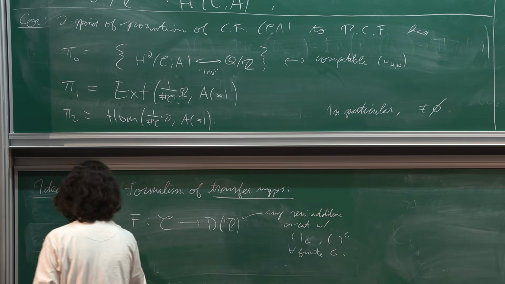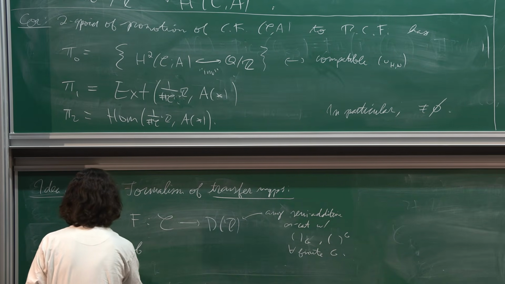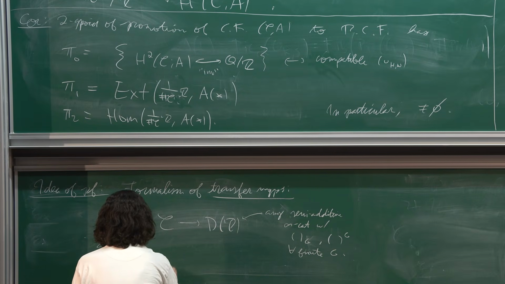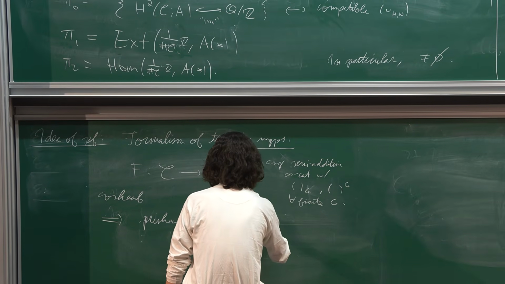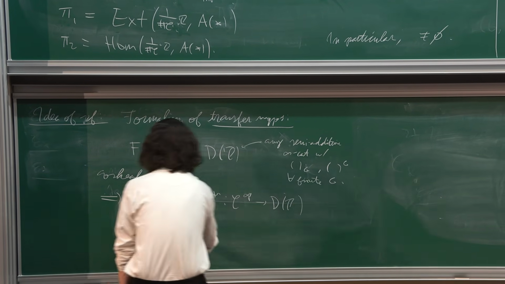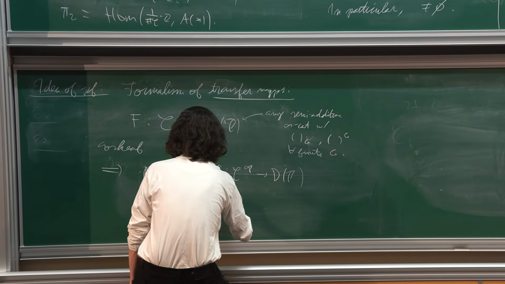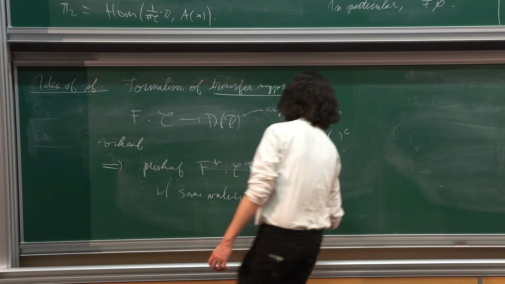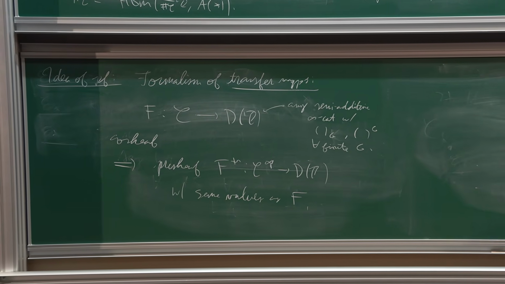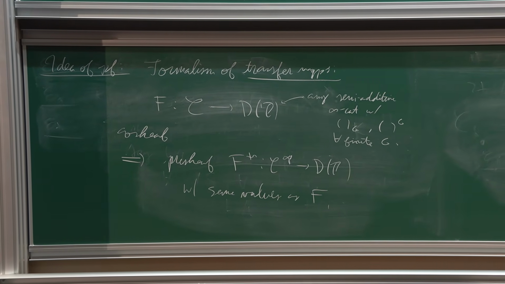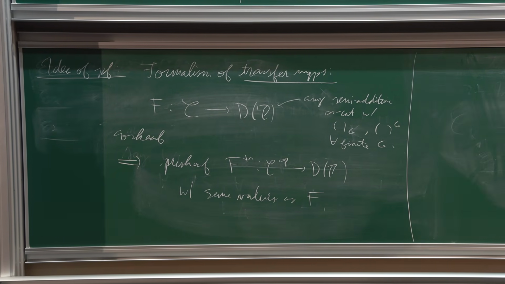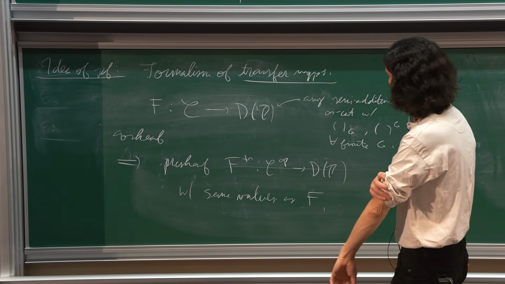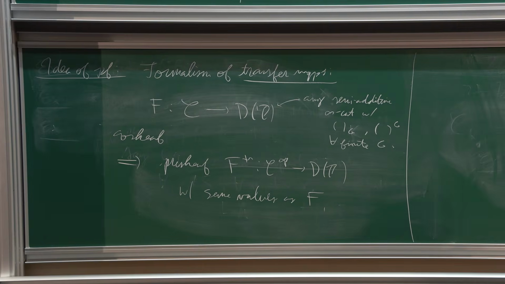If this is a co-sheaf, then there exists a canonical pre-sheaf called F-ter, passing to transfers, C op to DZ, with the same values. So in examples, this is given by usual transfer maps that you have in these kinds of situations.